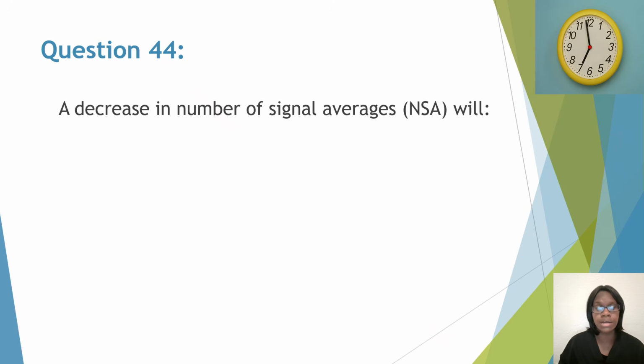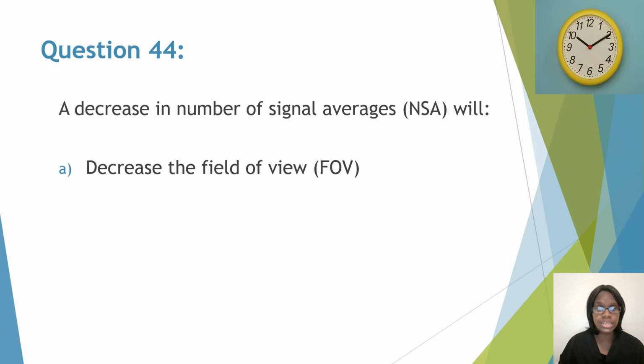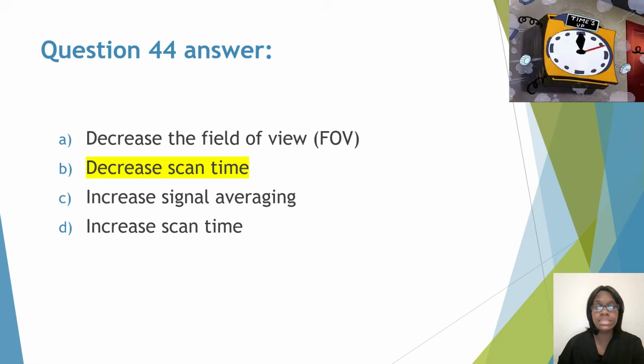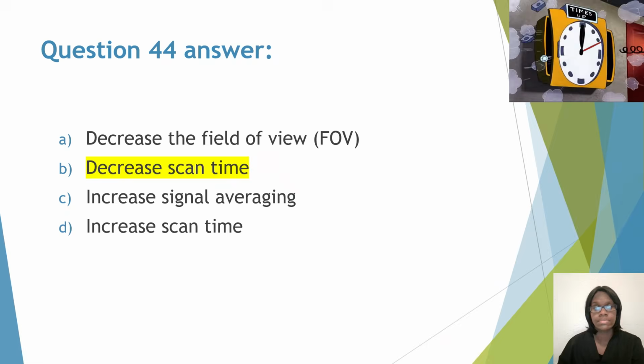A decrease in number of signal averages, NSA, will A, decrease the field of view, B, decrease scan time, C, increase signal averaging, D, increase scan time. All right, the correct answer is B, decreased scan time.